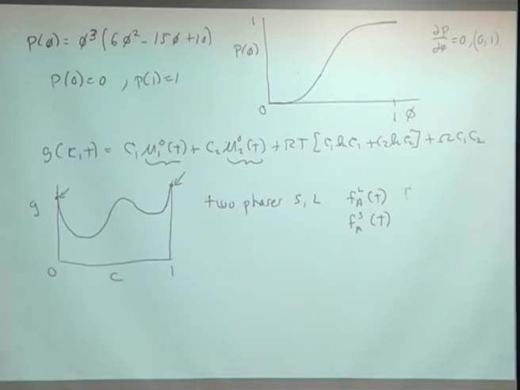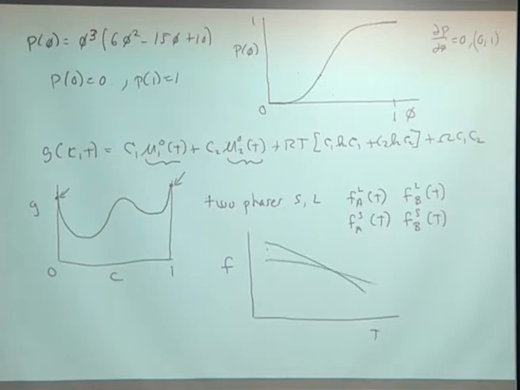And you have the standard state chemical potential of component B in the liquid state, and of component B in the solid state that's a function of temperature. And so these are pure material free energies. And so if you look at F as a function of T, they look like this. This is component A. That's the bulk melting point. And this is the solid, and that's the liquid.